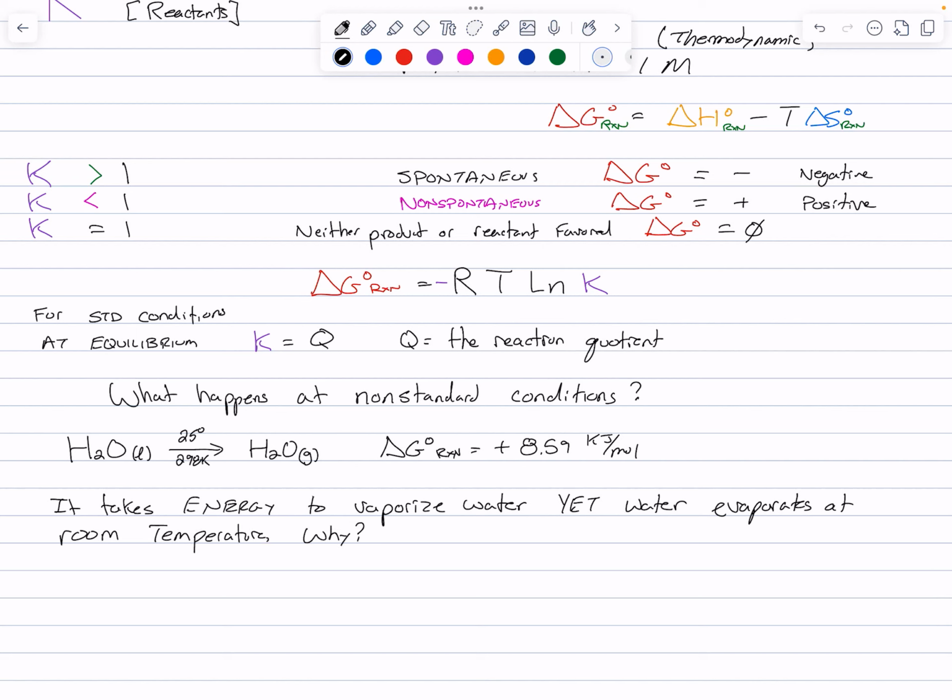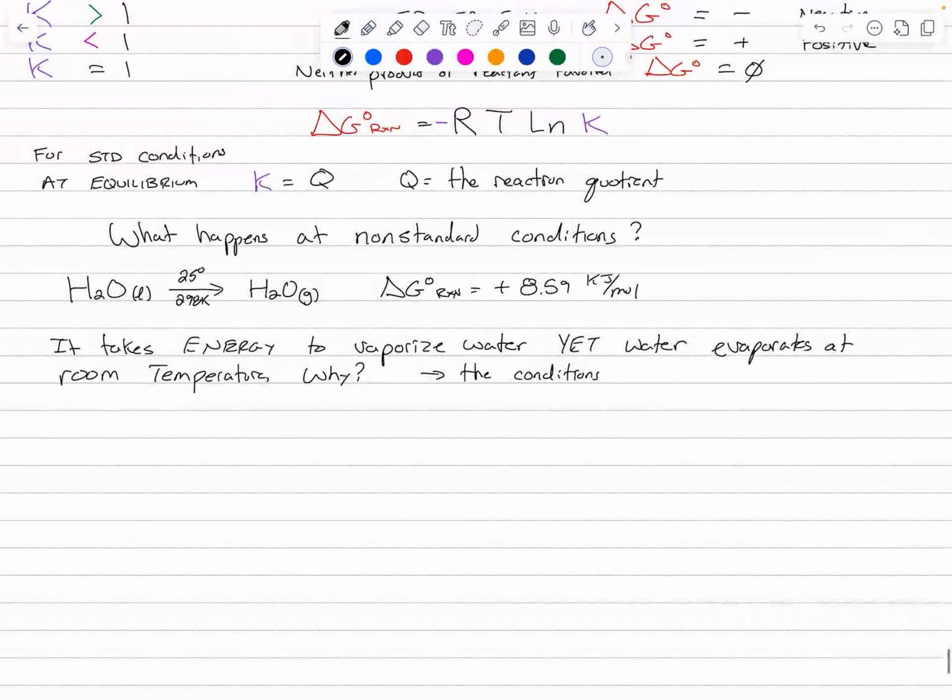Why? Well, it has to be the conditions. Delta G standard for this reaction does not change. This is standard conditions, so it's not going to change.